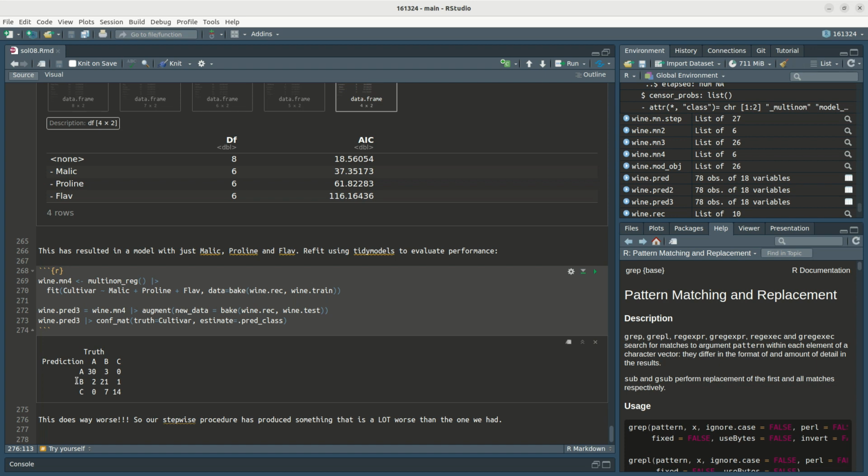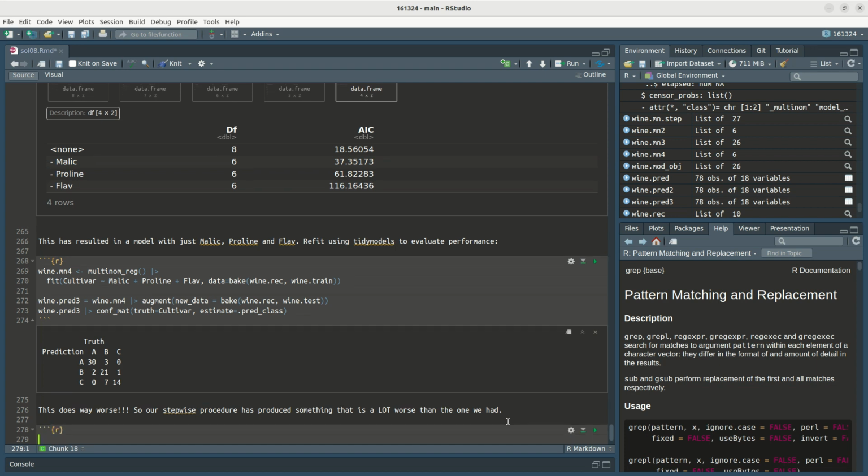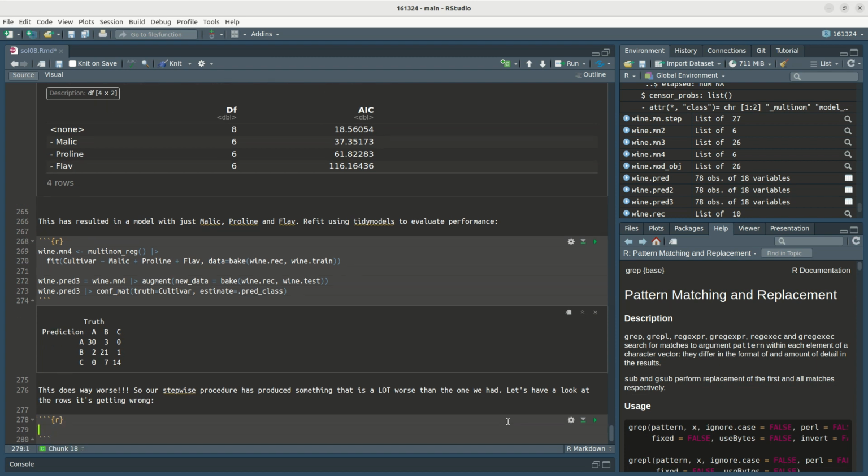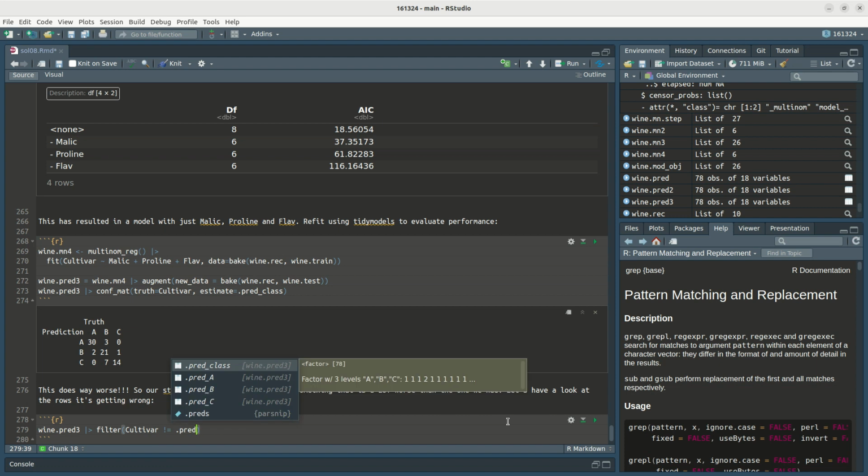Or it could be that some of these are on the threshold, so the predicted classes could be quite close. I guess we could have a look at that. Okay, so we could go wine 3, and we could just filter out where the cultivar is not equal to the predicted class.